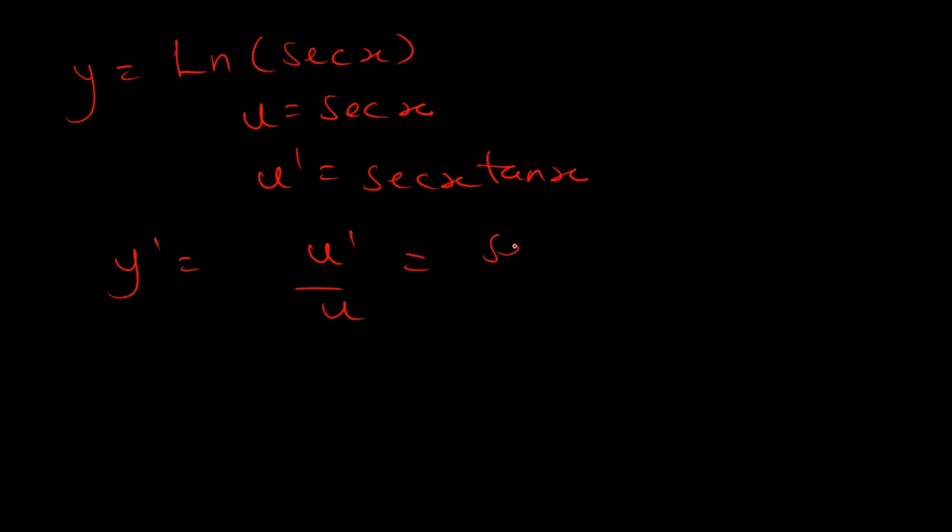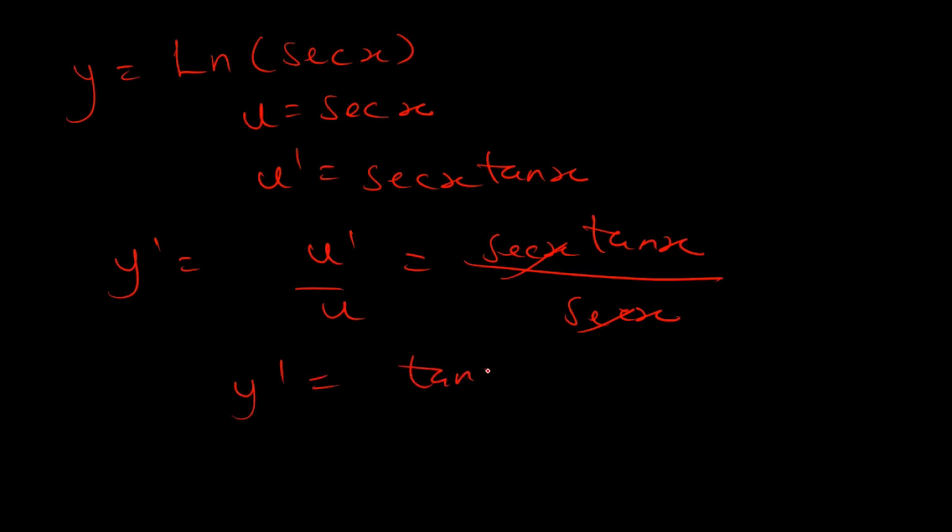What is u prime? sec x tan x. What is u? sec x. So sec x will cancel your sec x like this. So y prime is going to be tan x. So the derivative of the natural log of sec x is tan x. Okay. Let's take one more example.